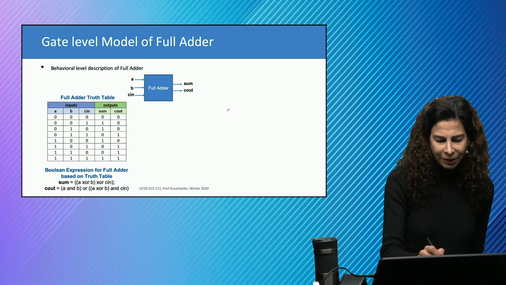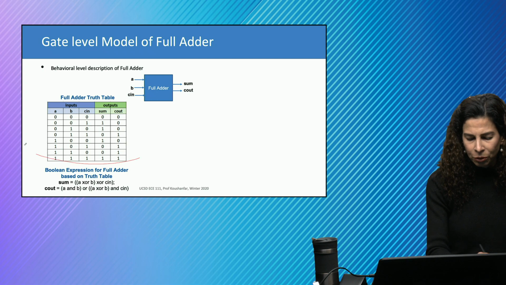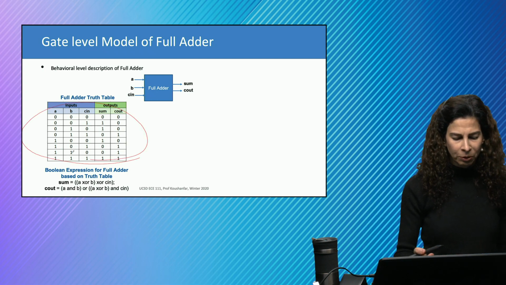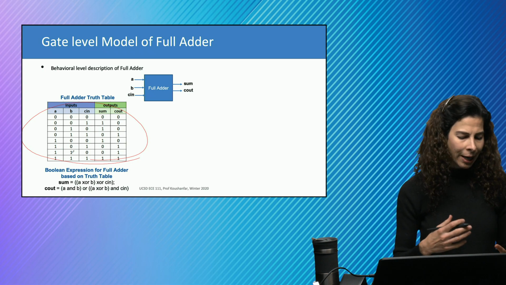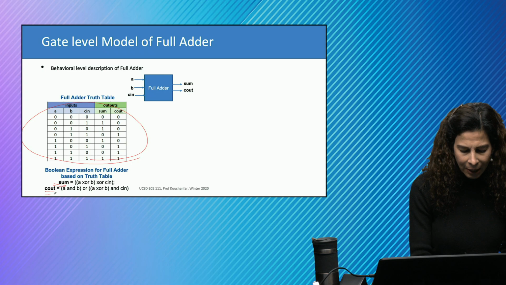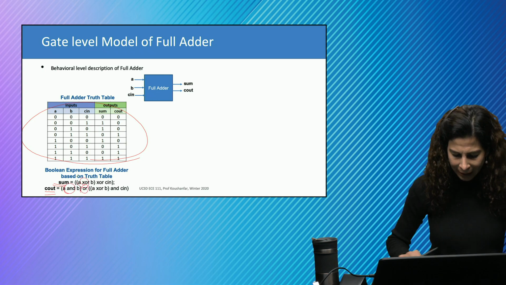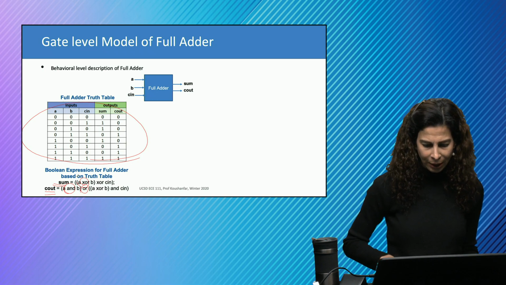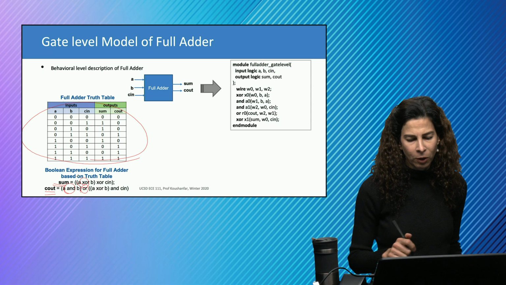Now let's take the same full adder example and the truth table we've already seen and think about this truth table in terms of the gate level. We can just go ahead and write the gate level description of the sum and cout with respect to AND, OR, and XOR gates, and then easily translate it into SystemVerilog code.